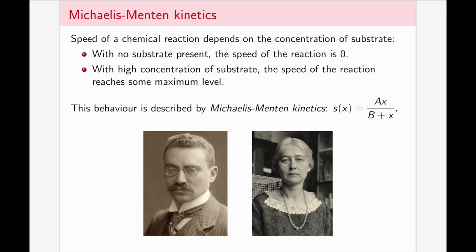It will be quite fast at first and then will plateau out for the high concentration of the substrate. This already describes what we have seen in terms of behavior of the Hill functions, where we have a plateau or a horizontal asymptote that it will approach. And in fact, this is exactly what is described by Michaelis-Menten kinetics.